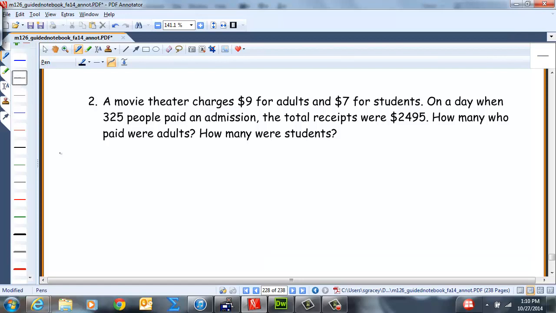So what would we have for our analysis piece? A lot of times when you name your variables, just look at the last couple questions. So we could say let x be the number of adults who paid admission.